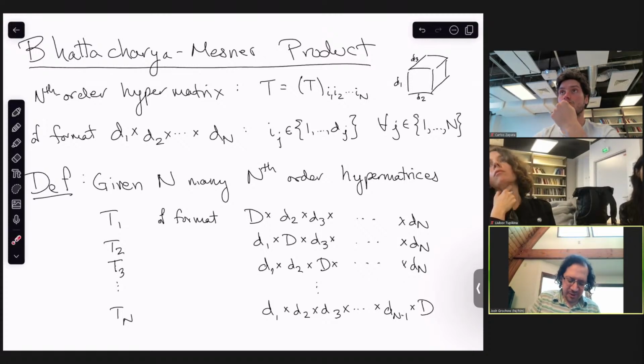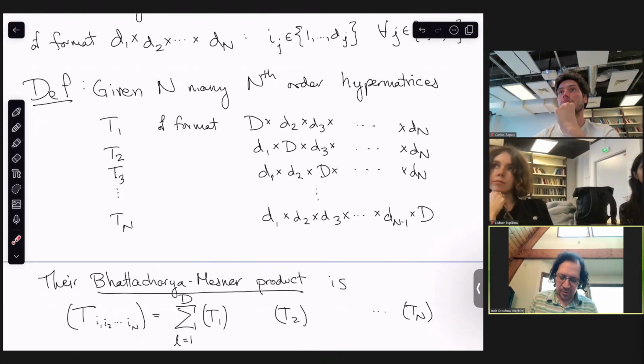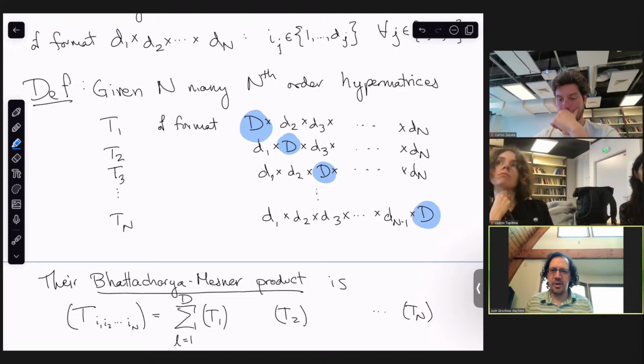All right, so that's just setting notation. And now we come to the Bhattacharya-Mesner product. You're given n many nth order hypermatrices, T1 up to Tn, whose formats look like this. The thing to notice about these formats is that they all share one common side length, but in different indices.